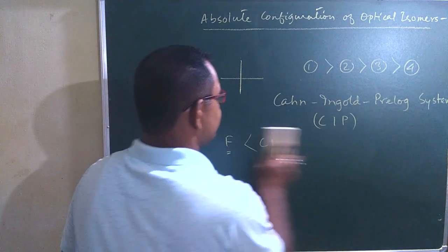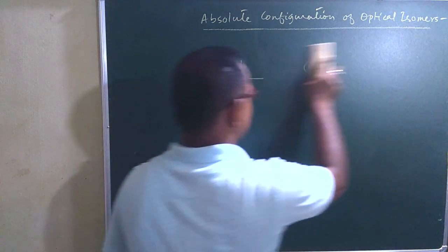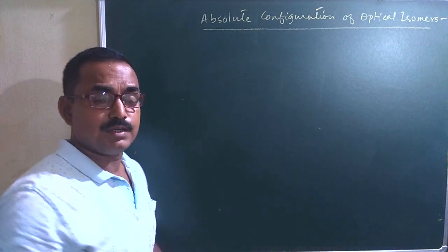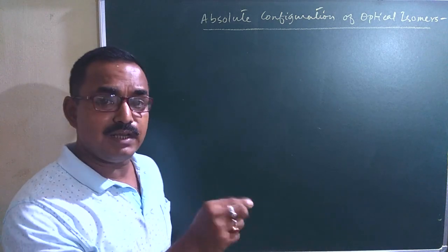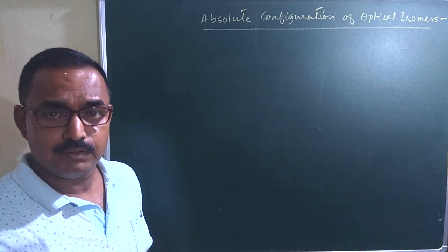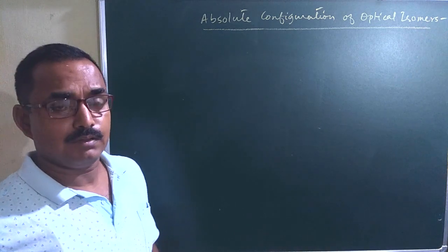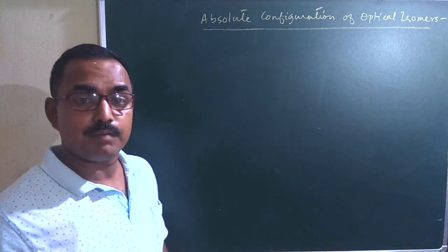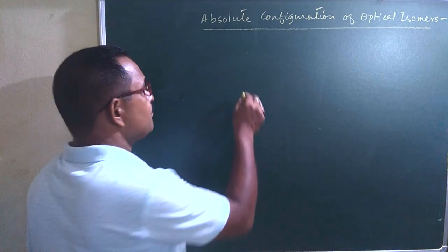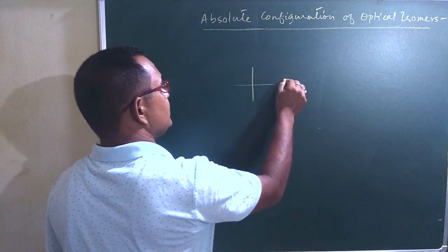Then see, sometimes the atom which is directly linked to the chiral carbon, called the first atom, cannot determine the priority. Consider this.